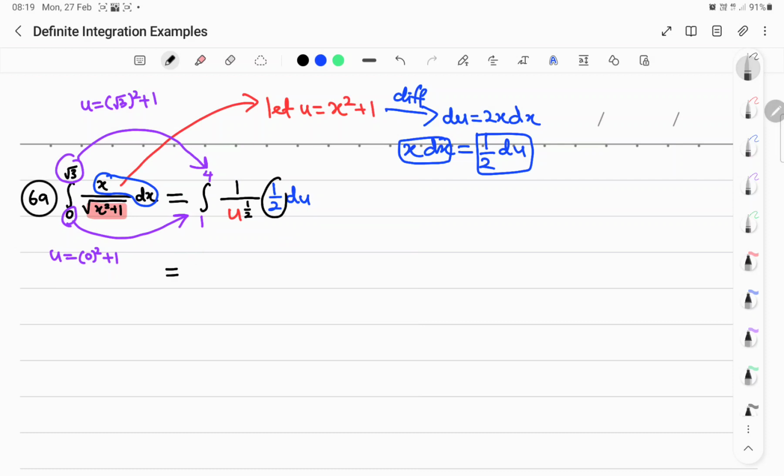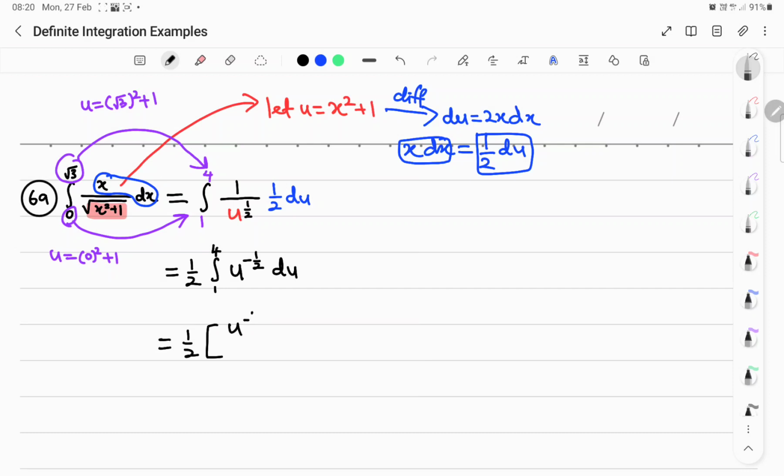Now, we have 1 over 2 over here as a constant. We can put it outside. And then let's rearrange everything. This one, we can move upstairs to get u to the power minus 1 over 2 with respect to u. Then for this one, we can integrate it. So 1 over 2, we put a big square bracket.